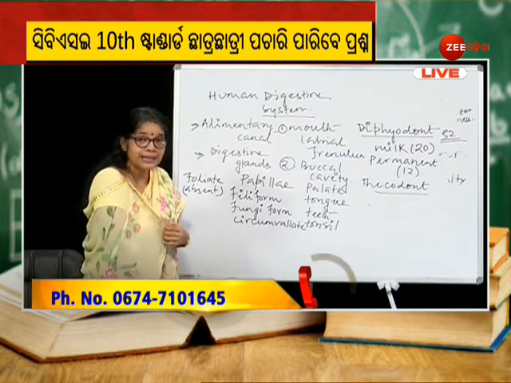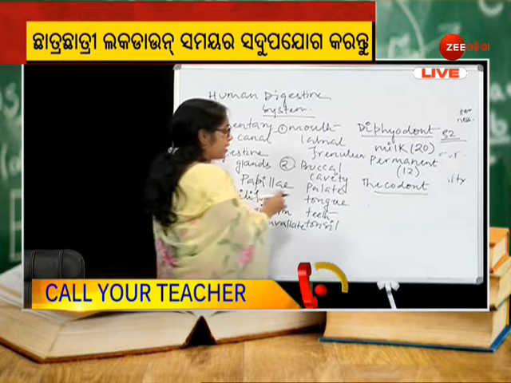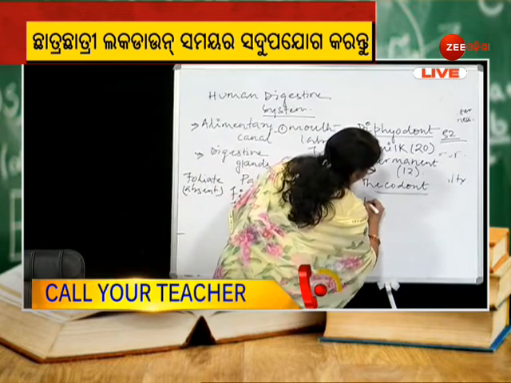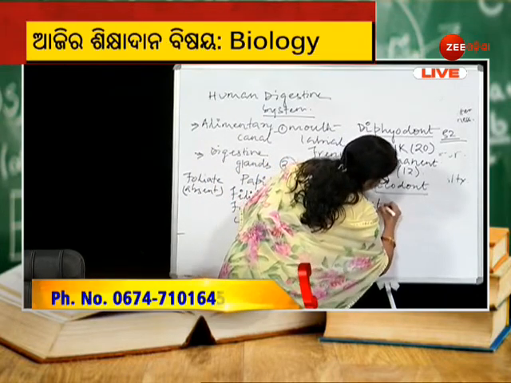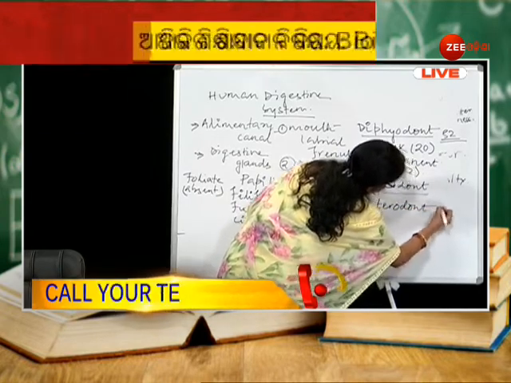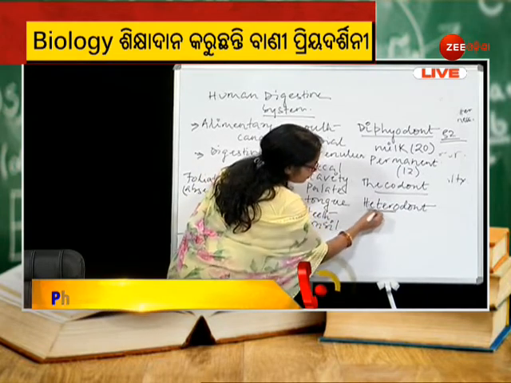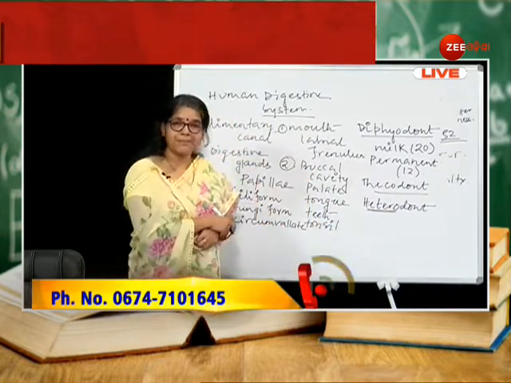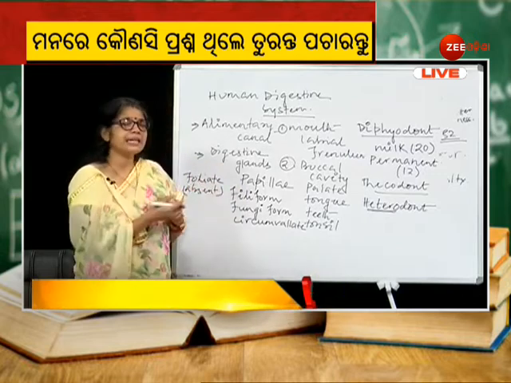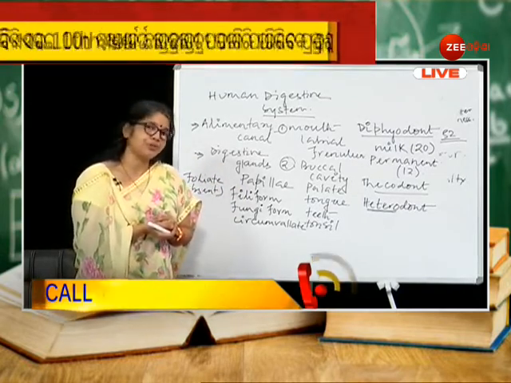And the last one is according to the structure. According to the structure, the teeth are heterodont. The name itself indicates that hetero means dissimilar. Heterodont means there are different types of teeth present in the buccal cavity of human.